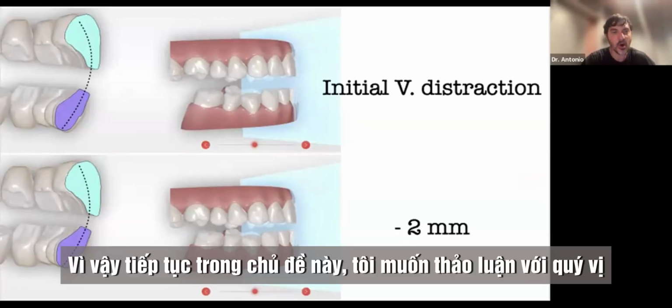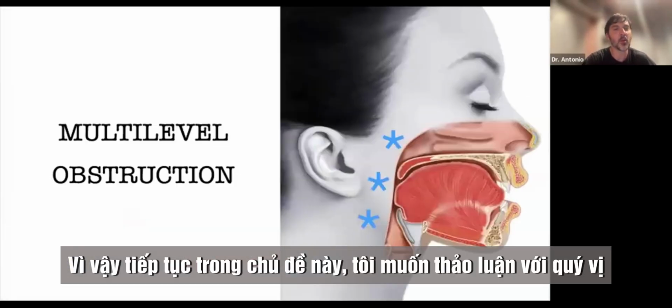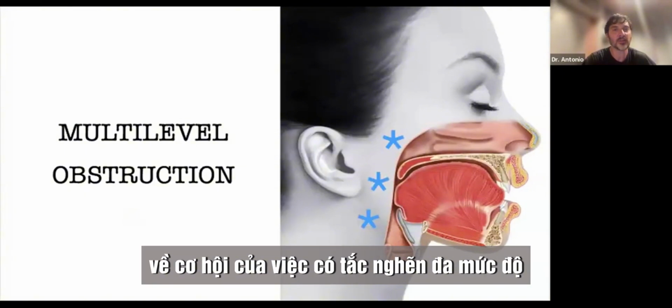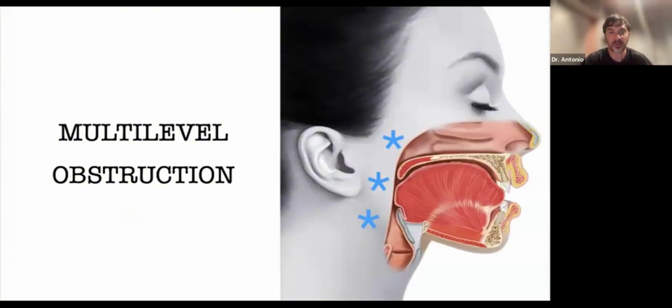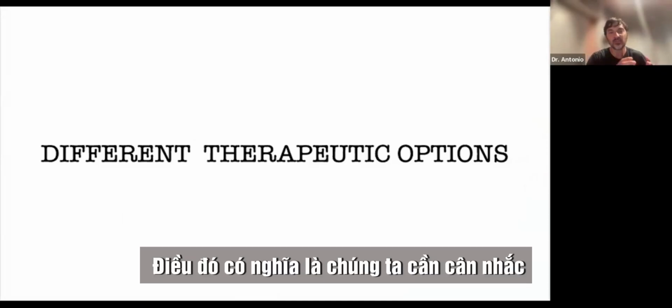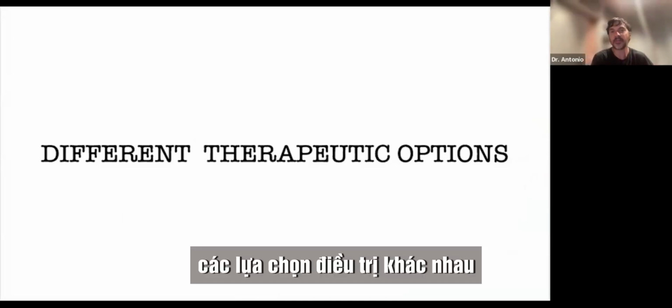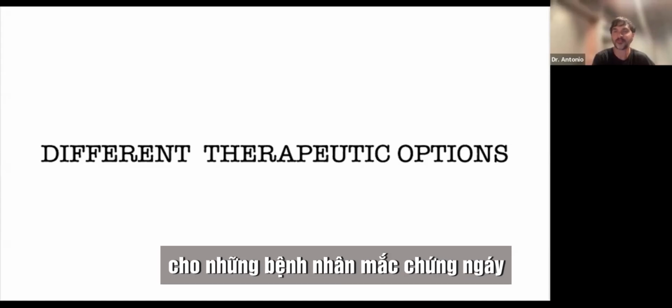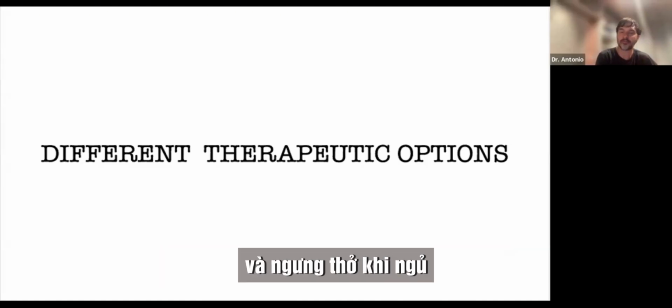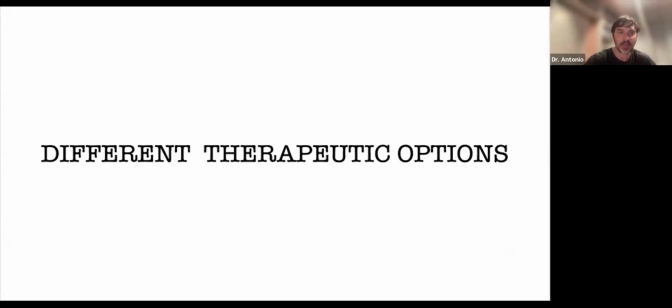So going on with this topic, I want to discuss with you the opportunity of having multi-level obstruction. That means that we need to consider different therapeutic options for patients who suffer from snoring and sleep apnea.